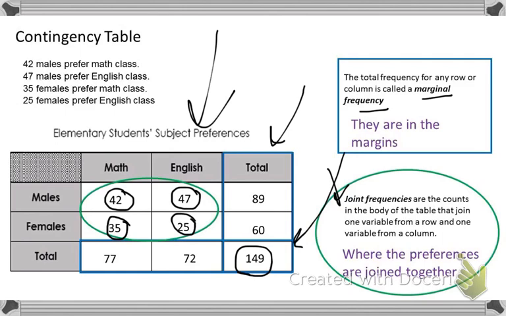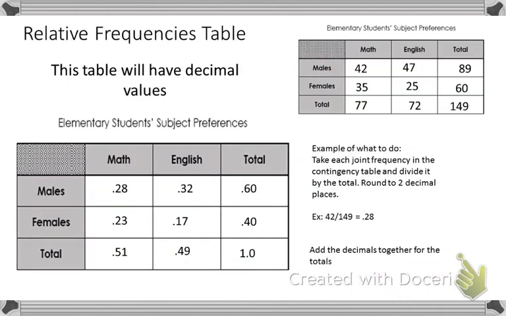Next thing we're going to talk about is our relative frequencies table. So here, this is a shot of the table that we just did, our contingency table. A relative frequencies table is going to have decimals.